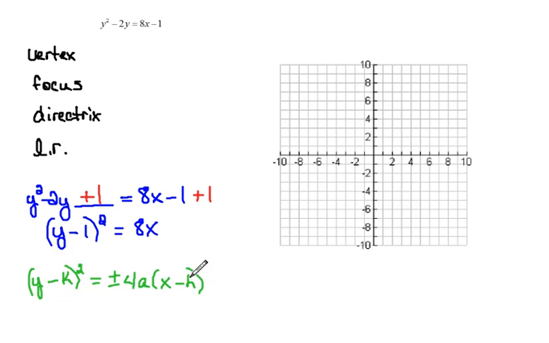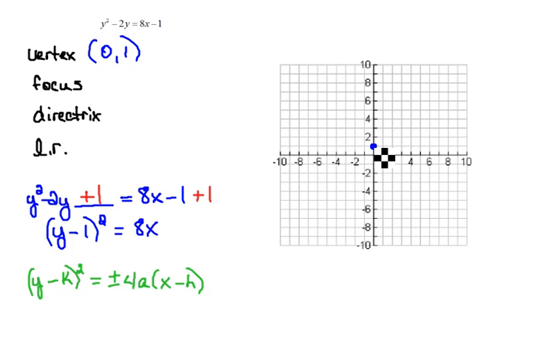So we can read off what our h and our k is just by looking at the formula here. That means that our vertex is going to be at the point 0 because there is nothing being subtracted from the x's, and 1 because that's being subtracted from the y's. So our vertex is at the point 0, 1.